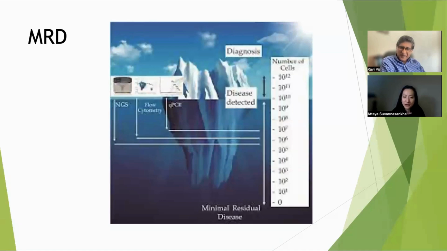A different technology is evaluating the genetic makeup that defines the cancer cells, such that if we know the signature of the cancer cells at the onset, when there are a lot of them, we'll be able to look for that signature when the cancer cells are not easily visible. That technology is in fact already approved, and it's commercialized under a company name called Adaptive, and the technology is called clonoSEQ.